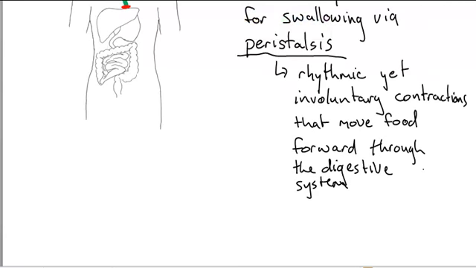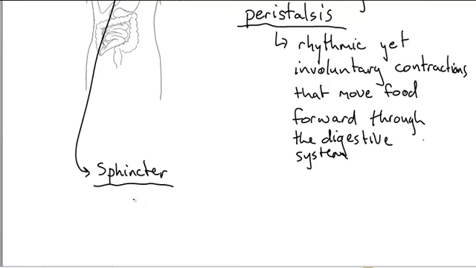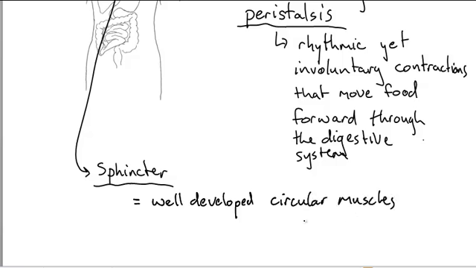And importantly, at the base of the esophagus, where it enters the stomach, there is what's called a sphincter. We have many sphincters in our body. And yes, it's a fun word to say. What these are are well developed circular muscles around a tube.